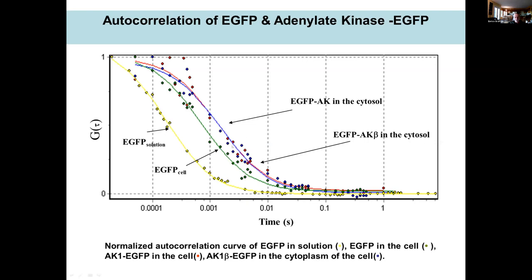That problem was solved only recently, when people learned how to measure a smaller volume in a cell and at a faster time. They figured out that the molecules in solution and in the cell actually move exactly in the same way if you look at a very short time.